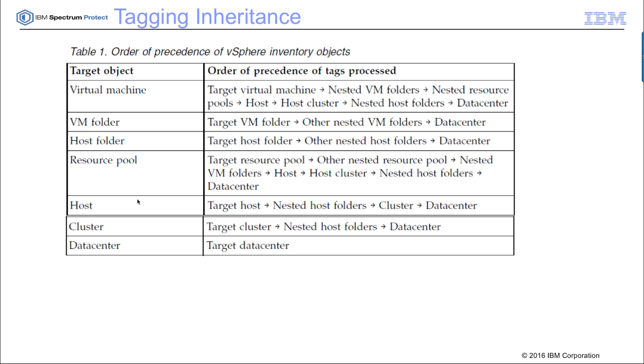So basically what you're going to do is assign your broadest applying tags at the level that is the highest in the hierarchy and have them automatically flow down to the virtual machine level and only override the tags at the virtual machine level if you have an exception.